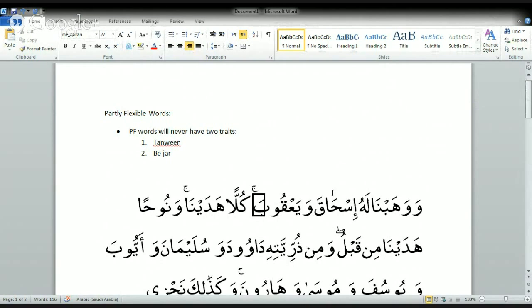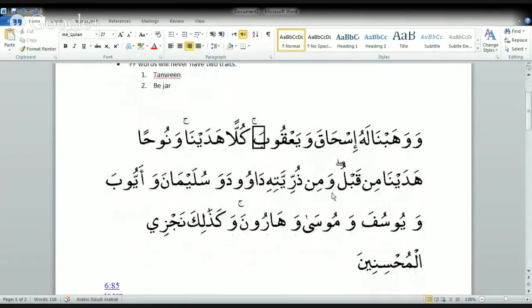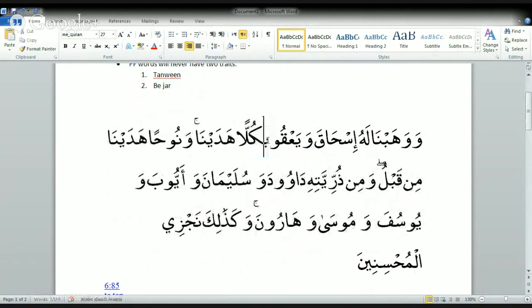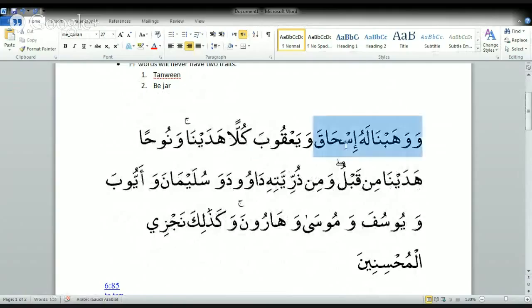Now let's go through some of these ayahs. Just try to point out the partly flexible word. So I'm just gonna fix this part. All right. وَهَبْنَا لَهُ إِسْحَاقَ وَيَعْقُوبَ. Anything here?